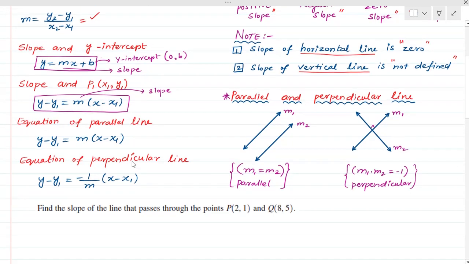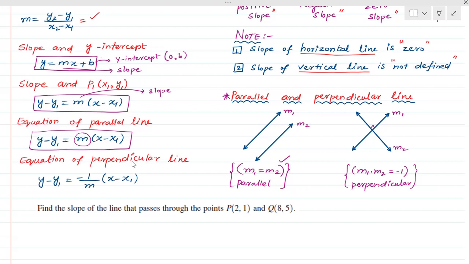So what is the equation of a parallel line? If you want to calculate the parallel line, y minus y1 equals m times x minus x1. Why? Because the m value is going to be the same in the parallel. So there is no change. Therefore, you will get the same equation of a line.